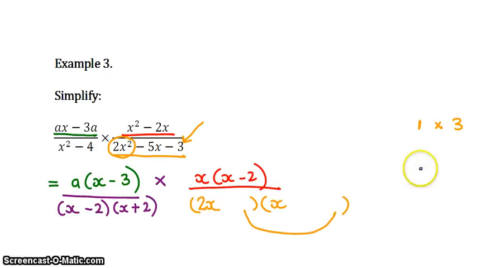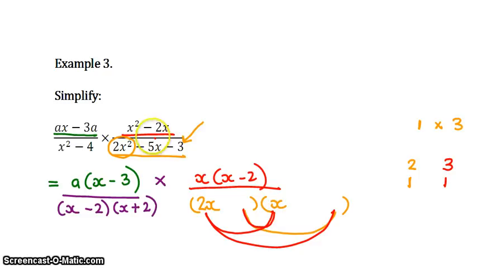Well, either you can try that way and then try the other way around, or we can think about this more intelligently. We've got 2 and 1 as these two coefficients, and now we're trying to figure out 3 and 1. And somehow when we multiply these two numbers together and these two numbers together and we add them up, we need to get minus 5. So if I did 2 times 3, I could get 6.